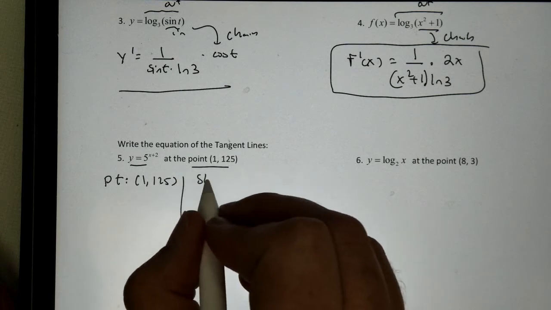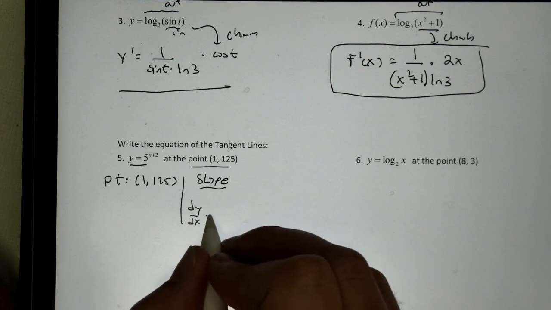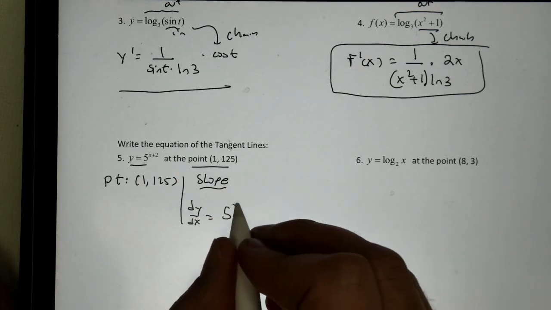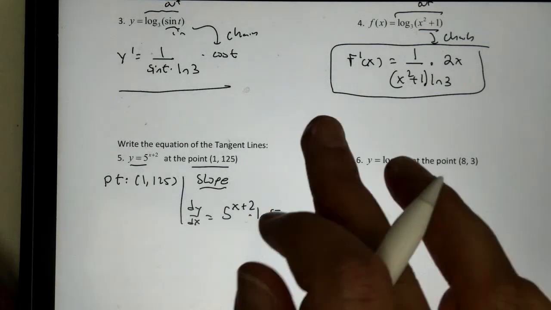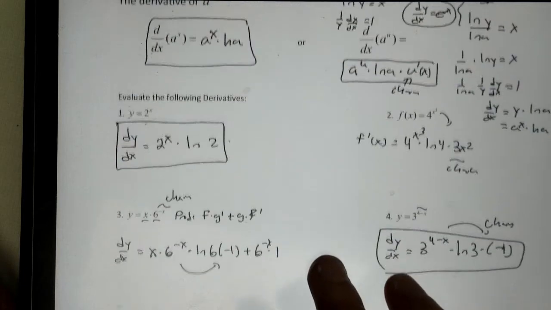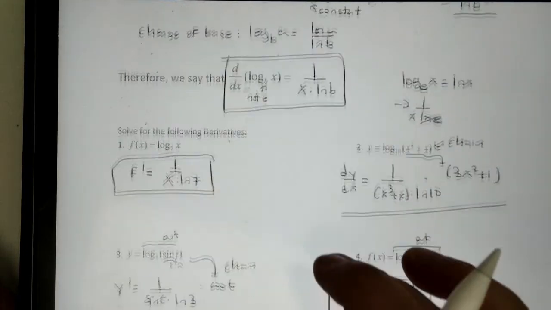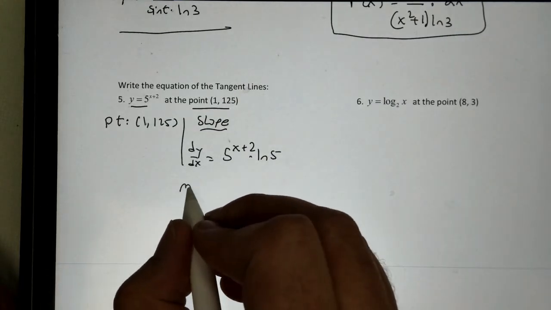Well, to get the slope, we need our derivative, dy/dx. Well, we know how to get the derivative. This is just going to become 5 to the x plus 2 times the natural log of 5. That was our rule from up here, right? The derivative of a to the x was a to the x natural log of a. To get the slope, I'm going to use that fancy notation.